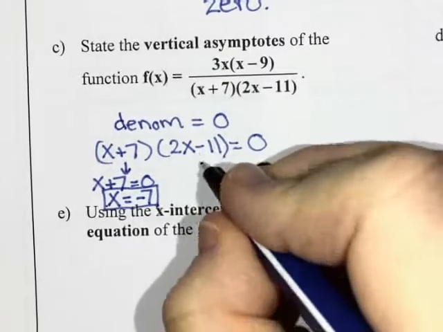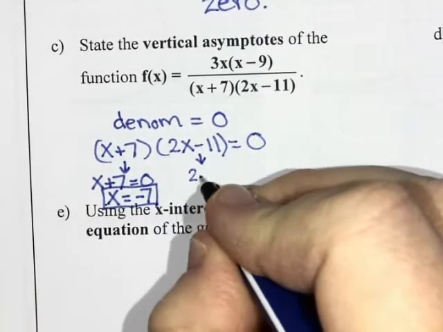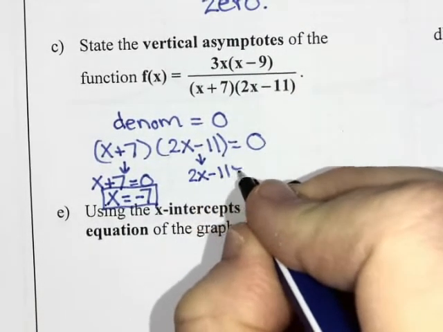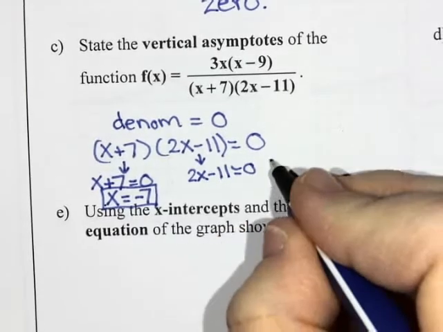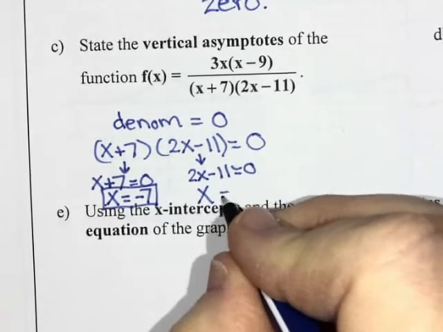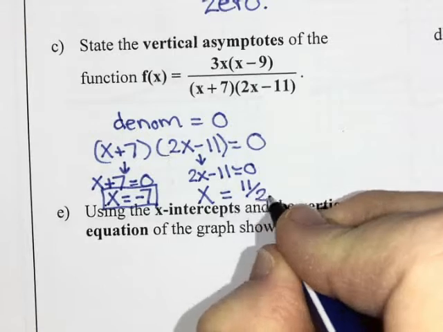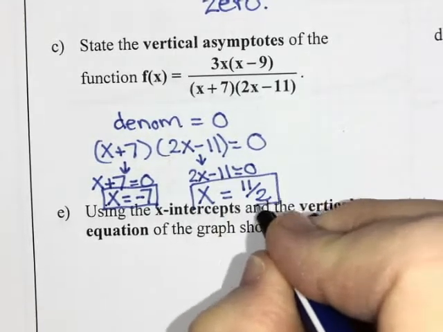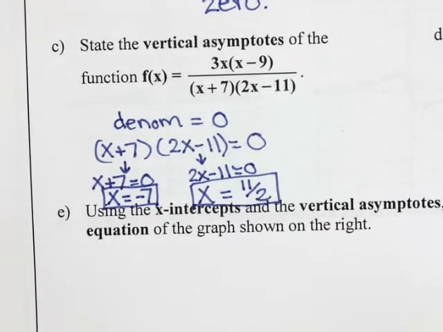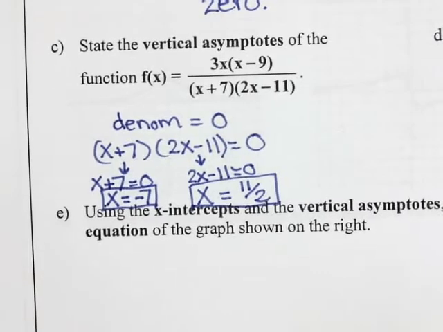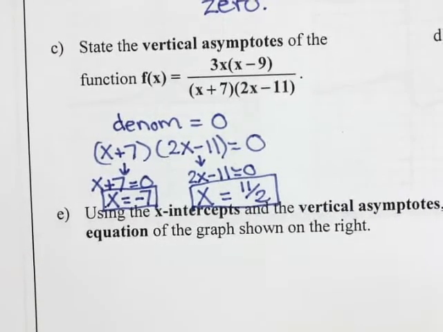And then for the other one, 2x minus 11, I would set that equal to 0. I would add 11 to both sides and then divide by 2 to get 11 over 2. So this would have vertical asymptotes at negative 7 and 11 over 2.